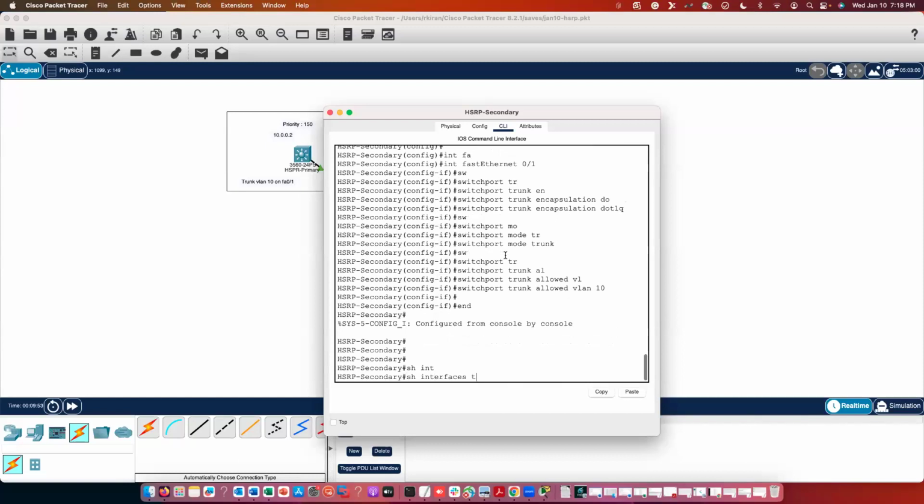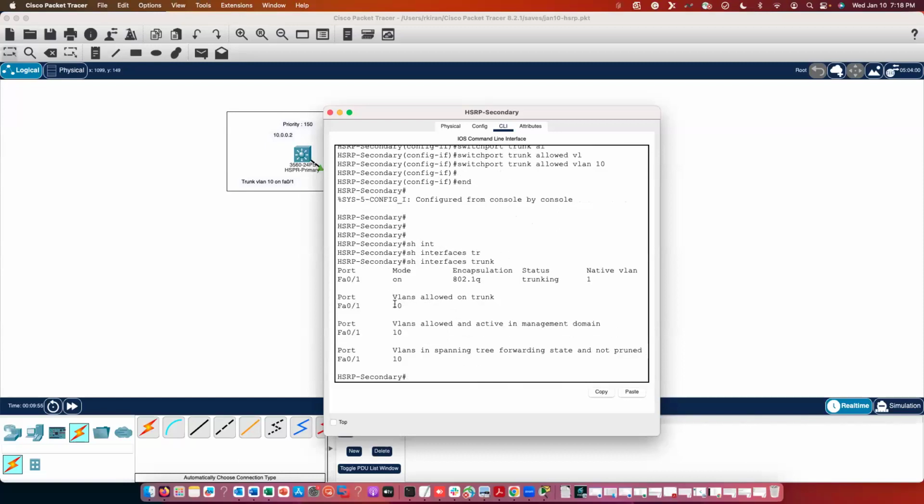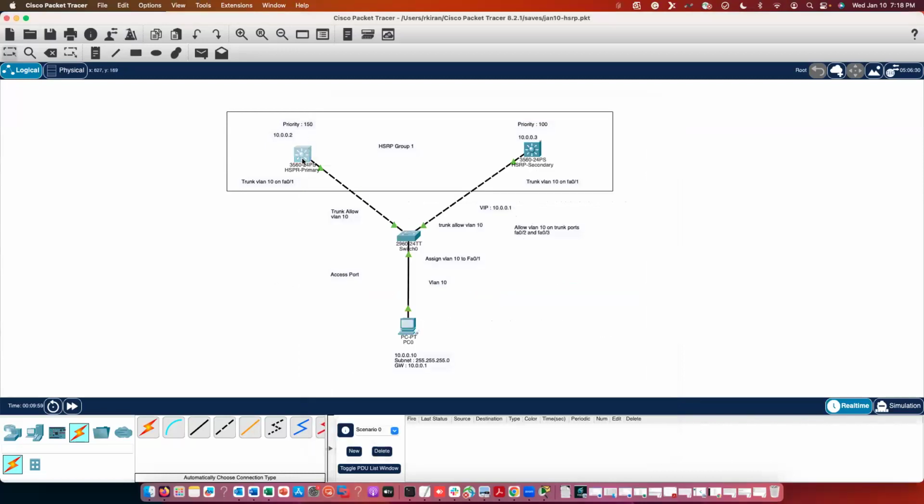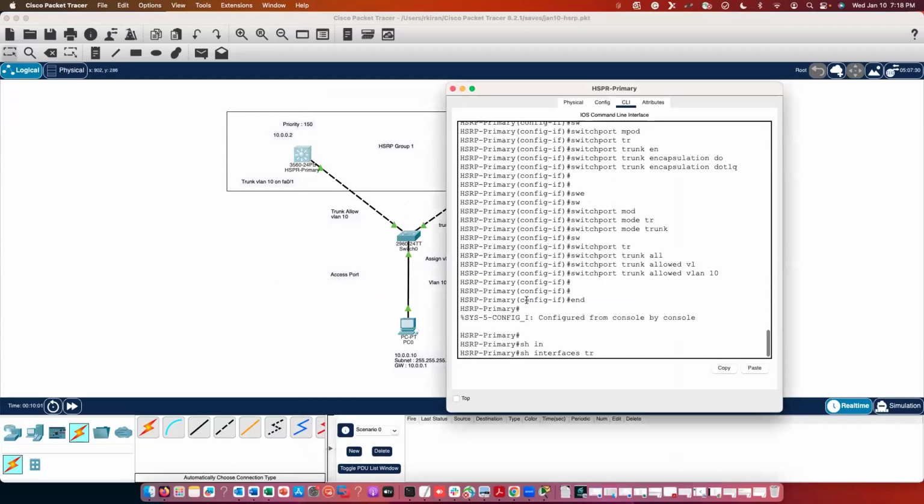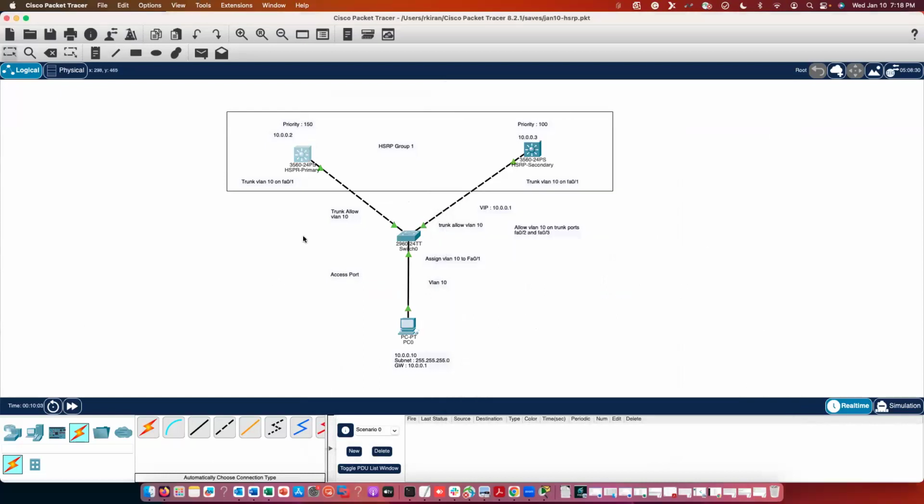Can do show interface trunk, which shows FA0/1 is trunk, and then VLAN 10 is allowed. You can also do show interface trunk here. Okay, all right. So now layer 2 configuration is done.